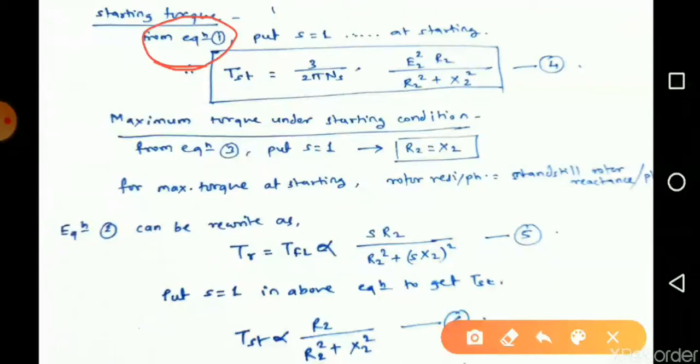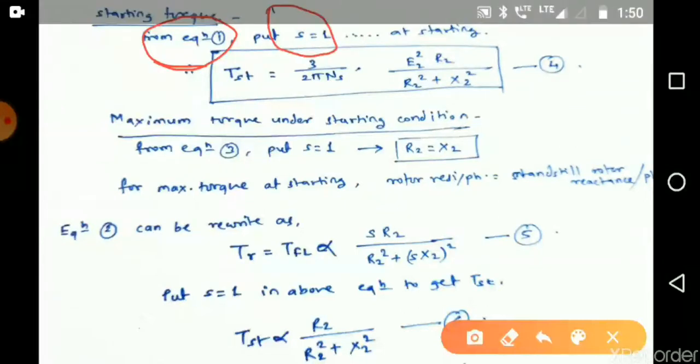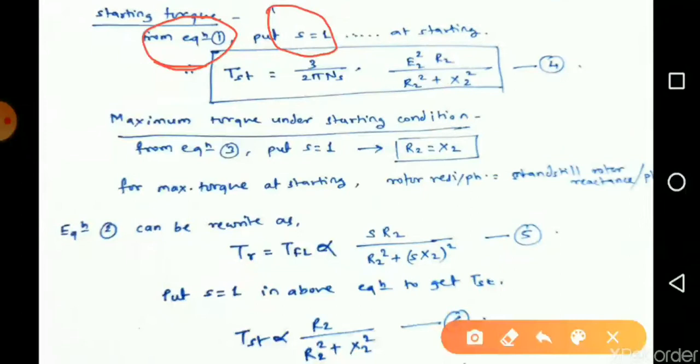In that equation, we put slip equal to 1, because at the time of starting the slip is 1. The rotor is at a standstill condition, that is, the rotor is at a stop, so the actual speed of the rotor is 0. By the formula of slip, we get the slip value as 1.